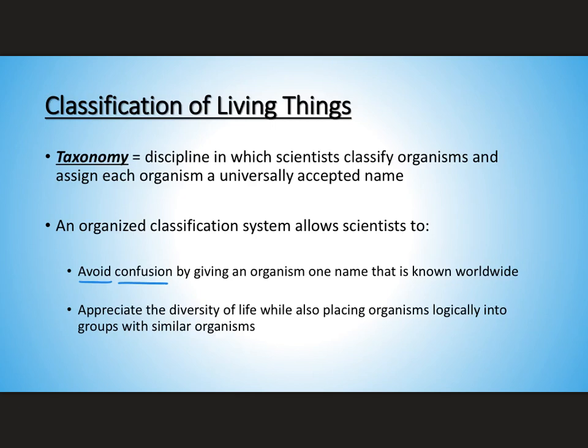If we are all speaking different languages, but we do have a universally accepted name for an organism, that won't be lost in translation, right? Now, the other thing that a classification system allows us to do is what we were just talking about on the last slide, which is to appreciate differences between organisms, but also logically group them together based on similarities that they have as well.